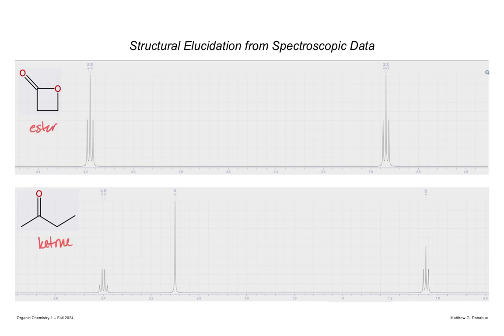So let's focus on the ester. You see the two signals blown up. So there's the first one and then the second one. Notice how they look different than carbon now. So carbon was just a line. But now each of these has how many lines to them?